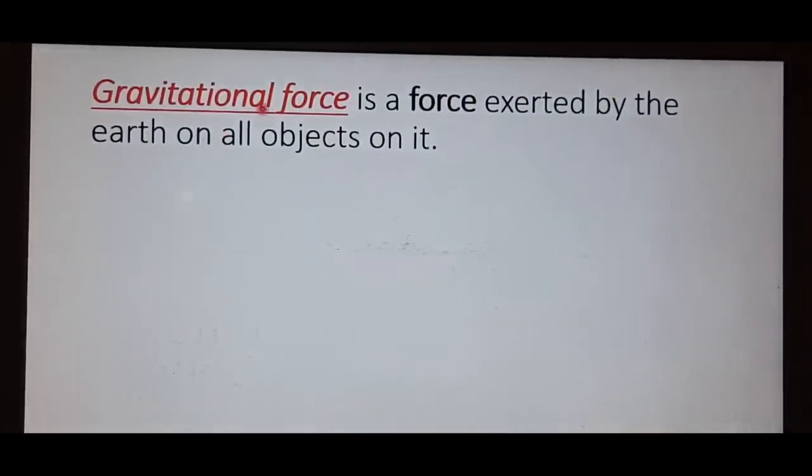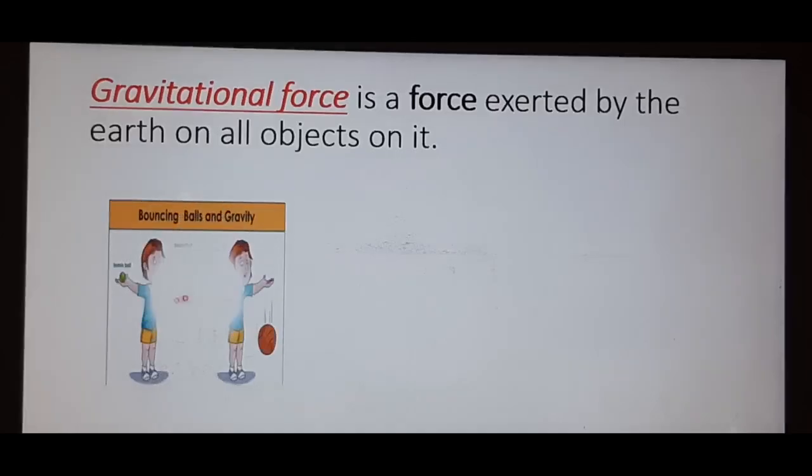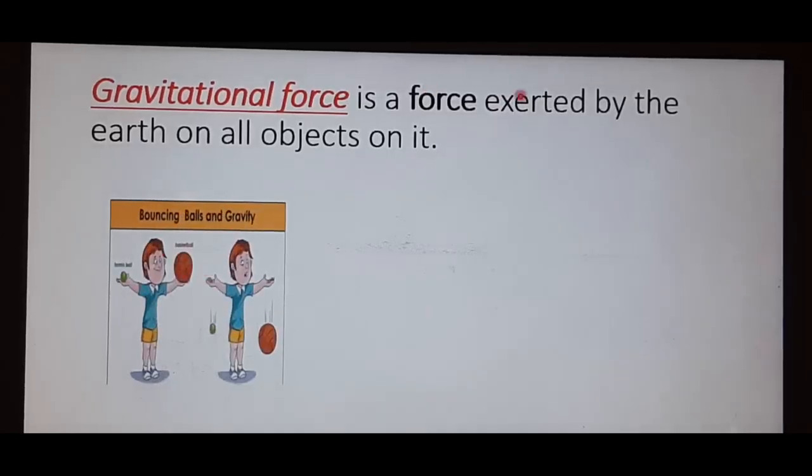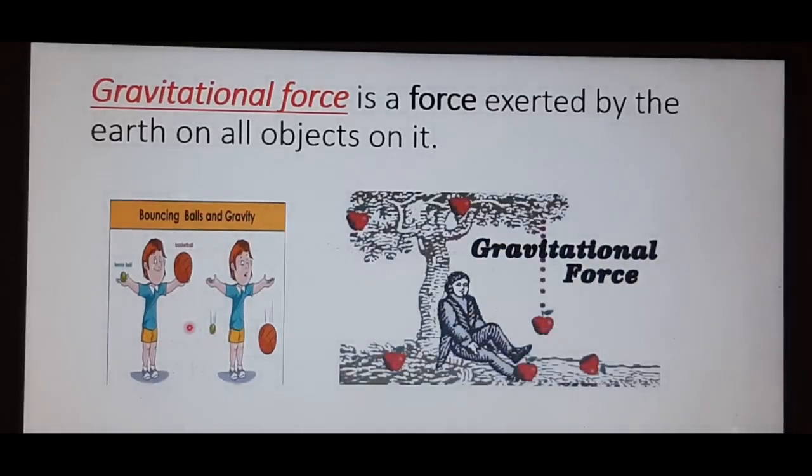The next one is gravitational force. This force I have already explained at the start of non-contact force. This is the force exerted by gravity on all objects. Why is it that whichever thing we throw, it falls down? The reason is the gravitational force. Every object will fall down due to the force of gravitation.